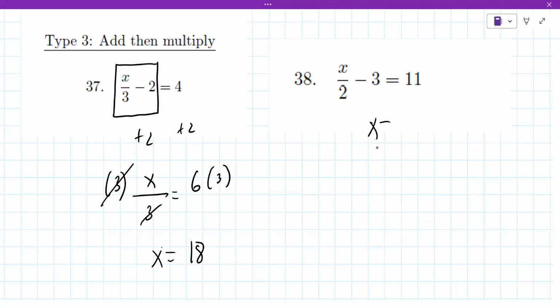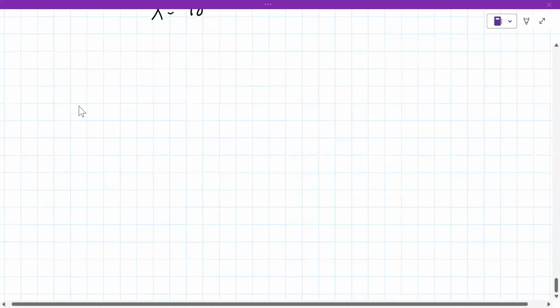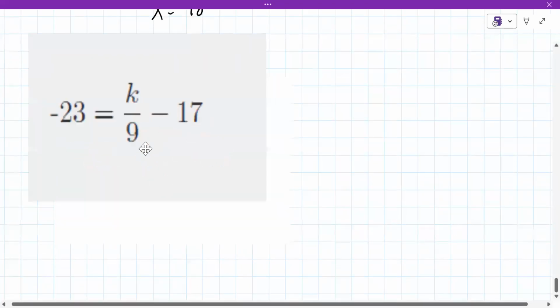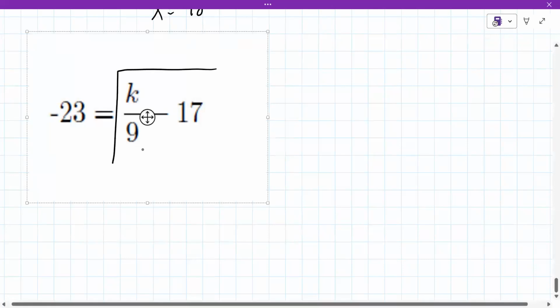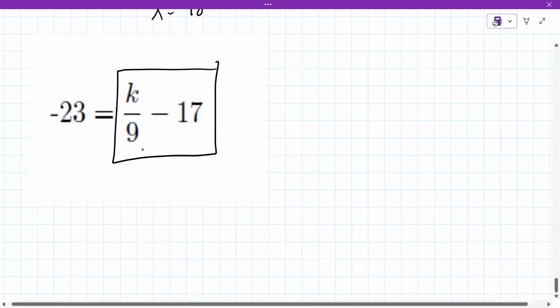That's 28, good. All right, so now just to kind of mix this up a little bit, it's the same thing. You're going to add, then multiply, but your focus always is on the side with the variable.